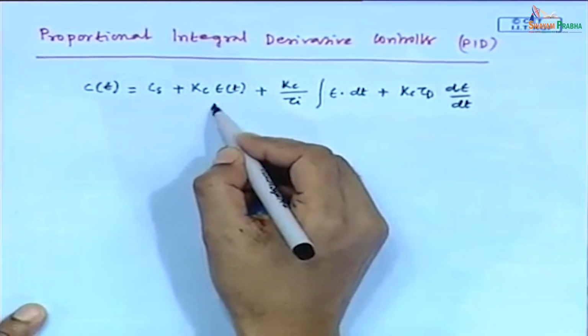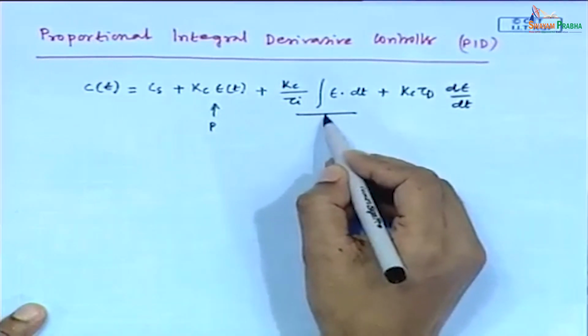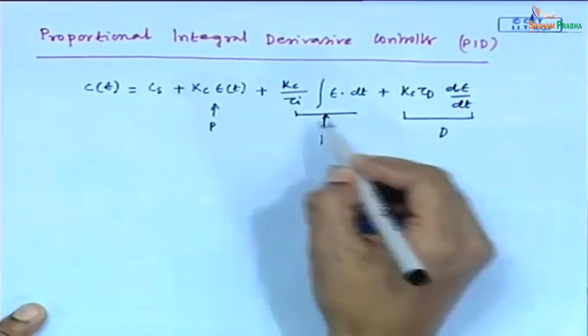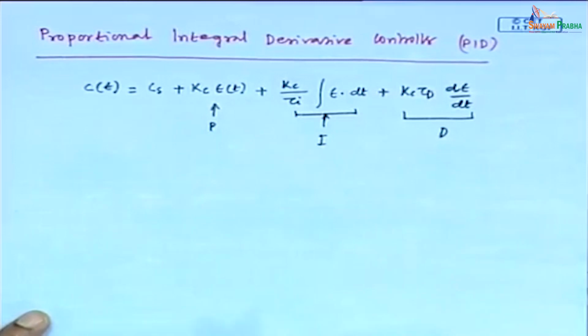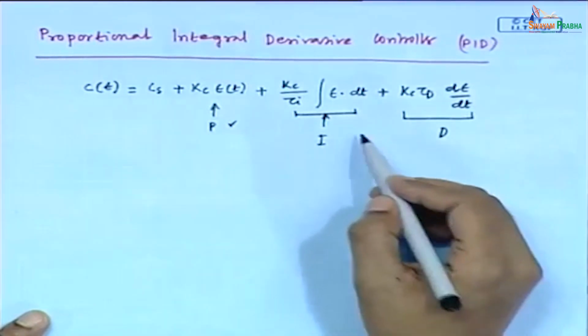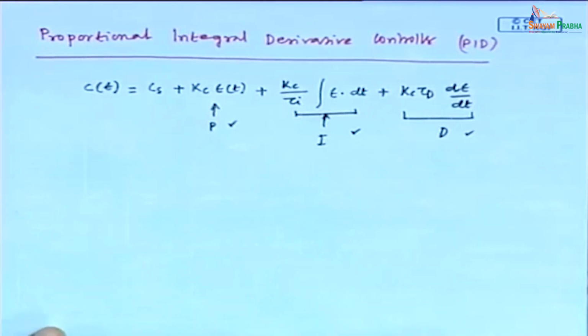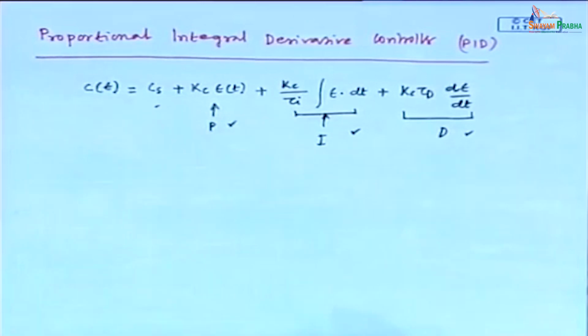This is the proportional action, this is the integral action and this is the derivative action, and Cs is the bias signal. I mean when error is 0, the controller output is Cs.